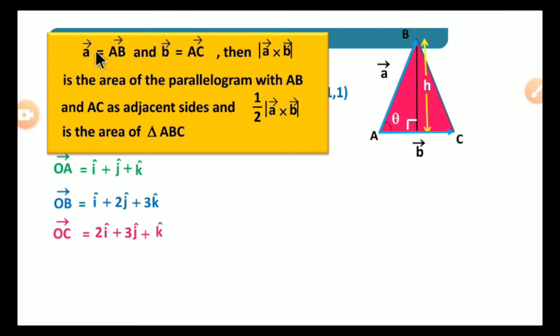Let vector a be AB and vector b be AC. So AB and AC are the two adjacent sides. Therefore, the magnitude of a cross b is the area of the parallelogram with AB and AC as adjacent sides, and half of a cross b is the area of triangle ABC.